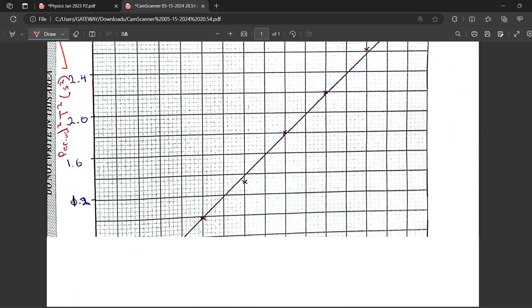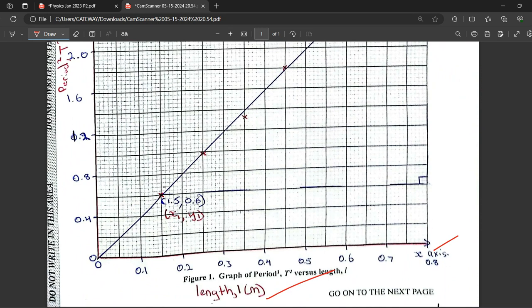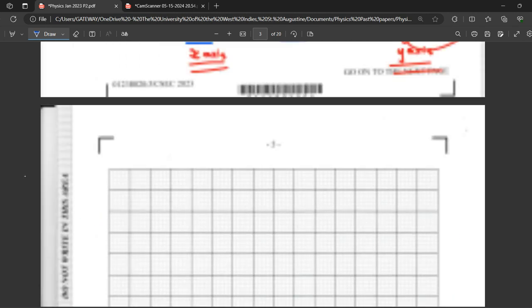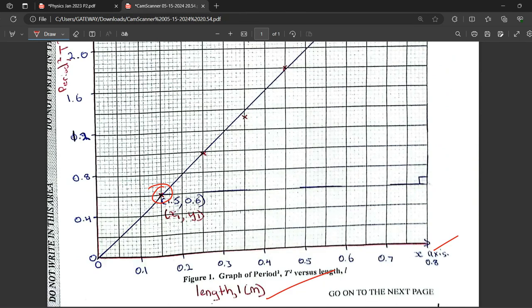Now you had to read 2 points that are exactly on the straight line. So I read this one a little bit here, and I say this is 1.5 comma 0.6. Notice something from the table. I had 0.15 and 0.59 here, so that's a little error that I have here.